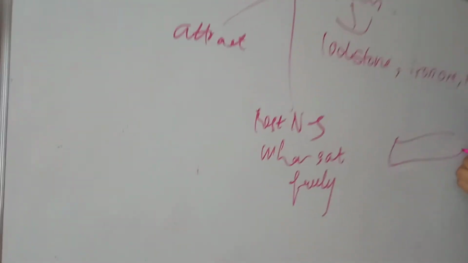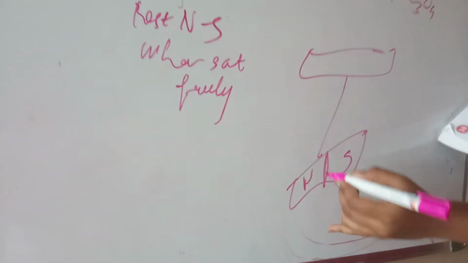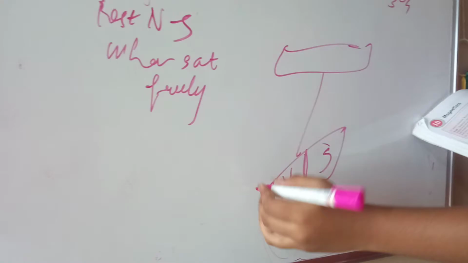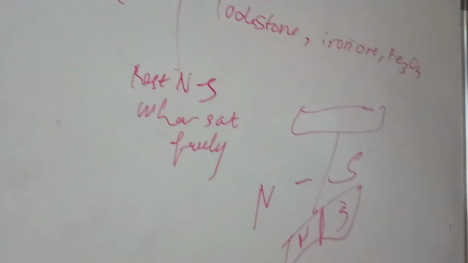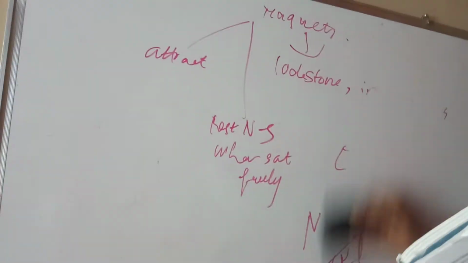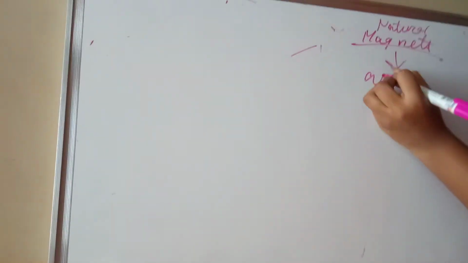So remember a situation: this is a pole and here I am attaching a magnet. It will spin and at last it will come to the north-south direction. Now, natural magnets were replaced by artificial ones.